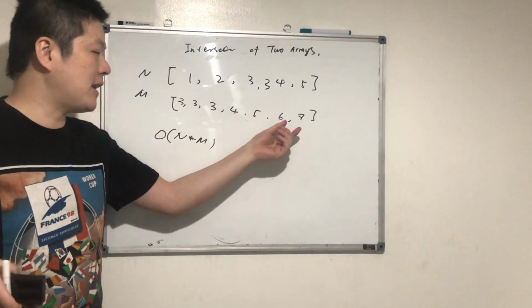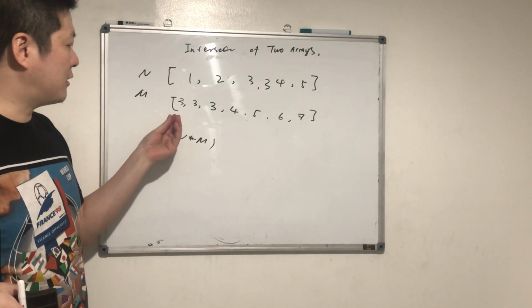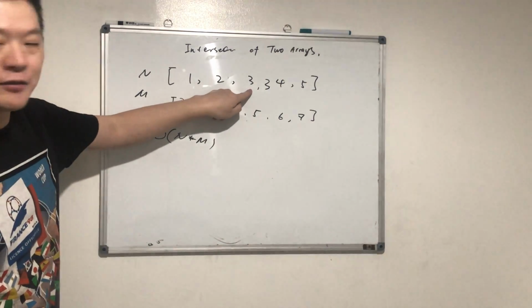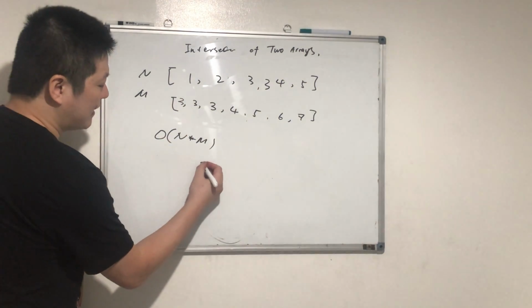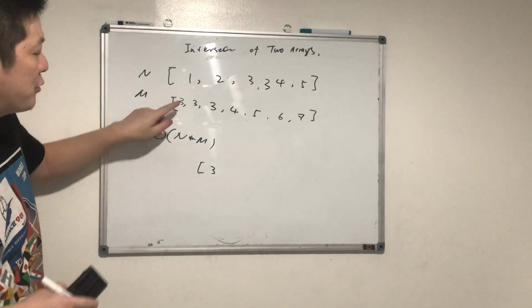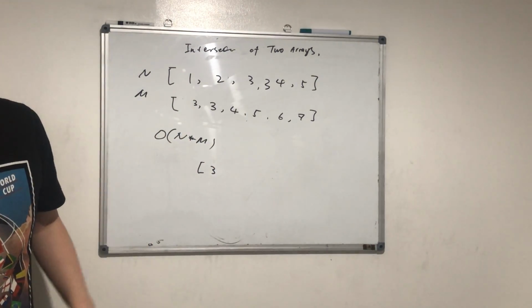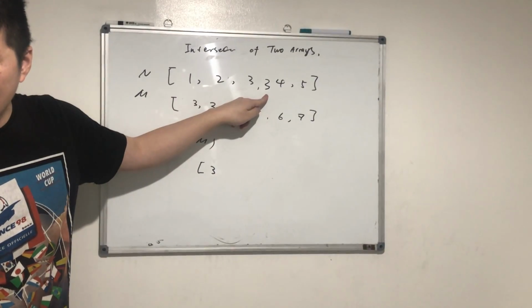And there's also one thing to note: how are we dealing with these duplicate numbers? For example, if there is a 3 and you find a 3, you put a 3 in the result, but you need to remove the 3 from the second array, so it doesn't count the next time when you have a 3.